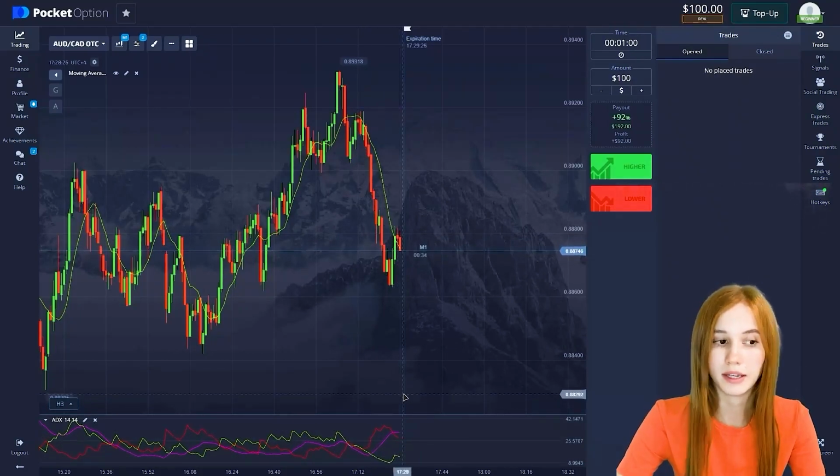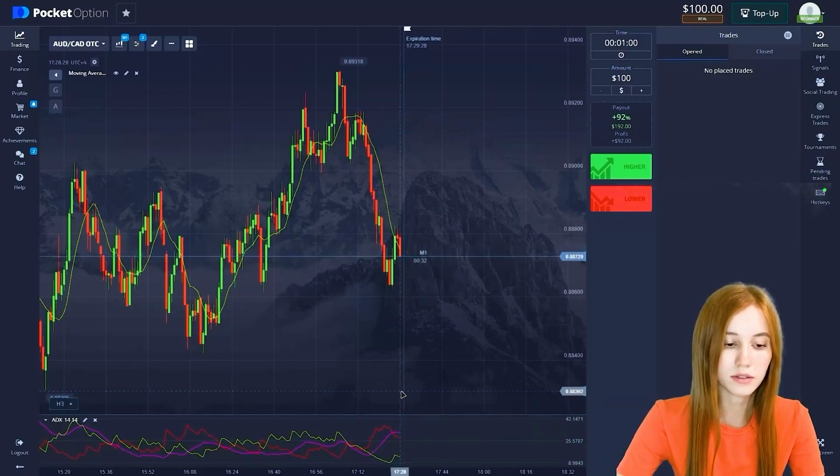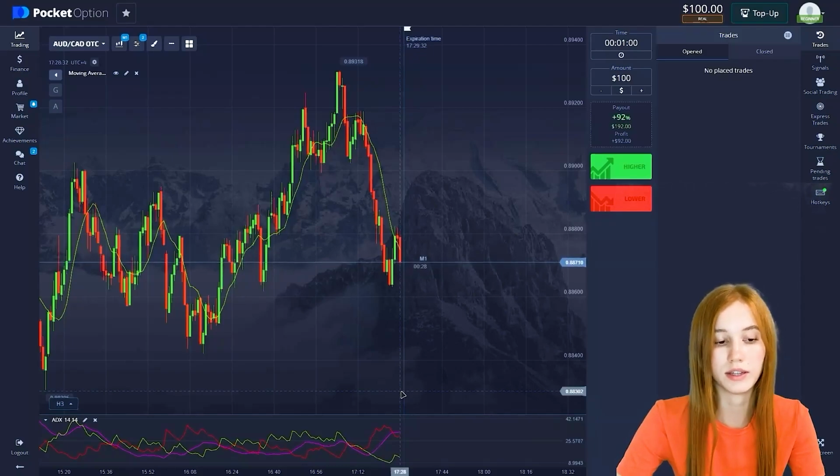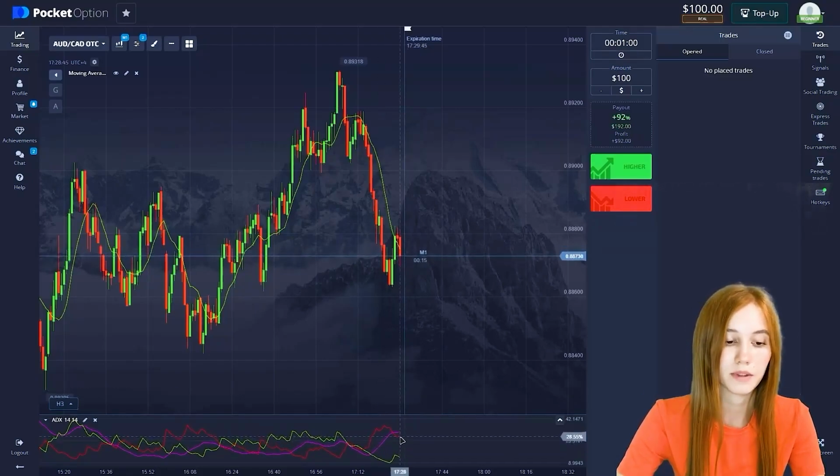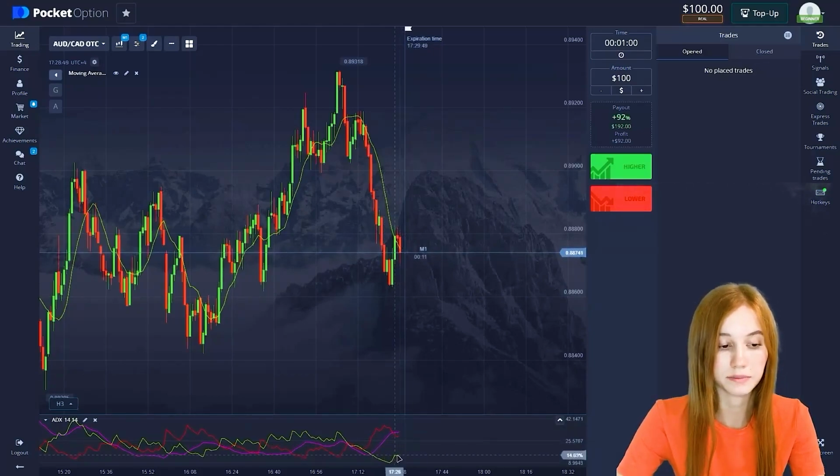ADX works on many tools on any time intervals. It allows you to evaluate the strength of a trend at a certain point in time. The stronger the trend movements, the higher the ADX value. What does it mean? The red line is a downward trend, the green line ascending.